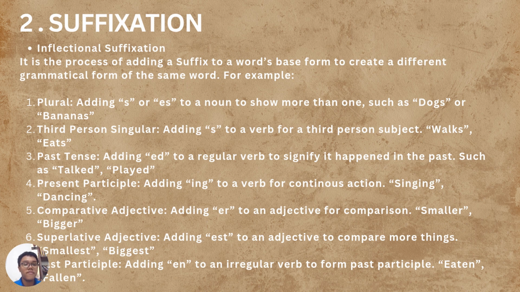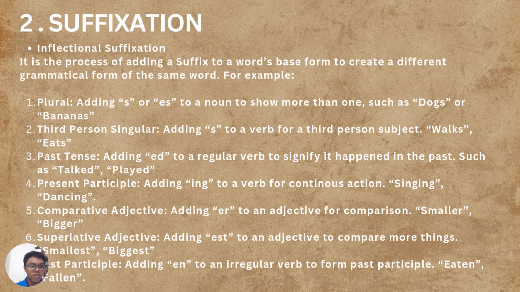Next, we have the other two types of suffixation, which we will start with inflectional. It is the process of adding a suffix to a word's base form to create a different grammatical form of the base word. For example, plural, adding s to a noun to show more than one, such as dogs or bananas.